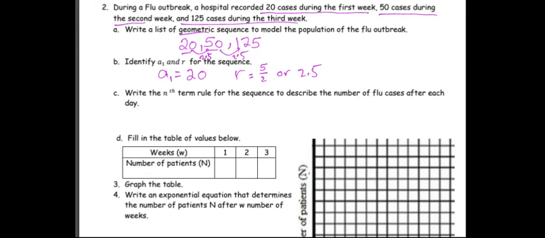Now that I have the first term and the R value, we can write the nth term rule for the sequence. So we have a sub n. We're going to follow the formula, a sub 1 times r to the n minus 1. That means a sub n equals 20 times 5 over 2 to the n minus 1. And that's the nth term rule for the geometric sequence.